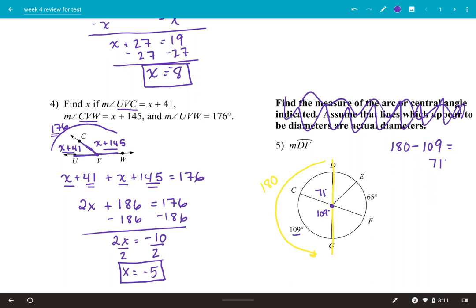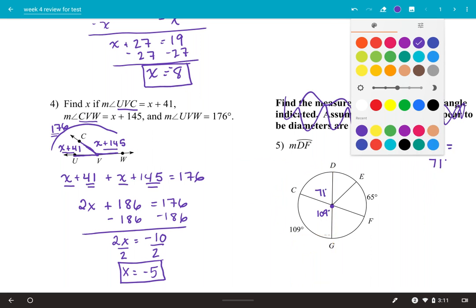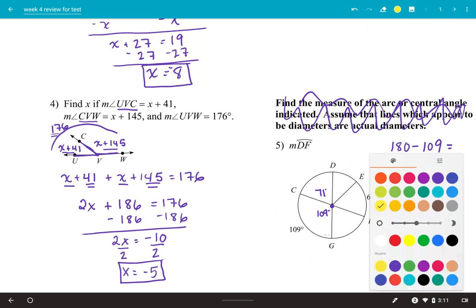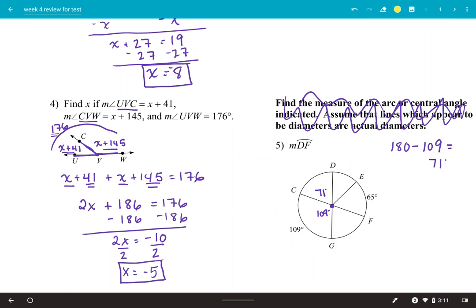Now, let me erase that. And we're going to find another part. Let us find this part. Hate it when you try to erase something else. Okay.